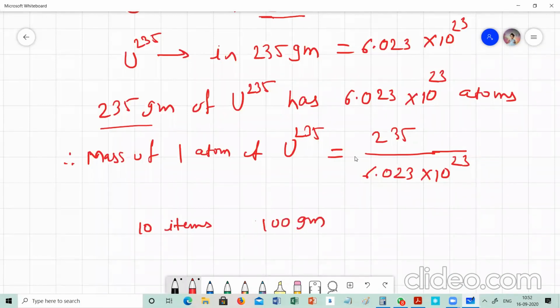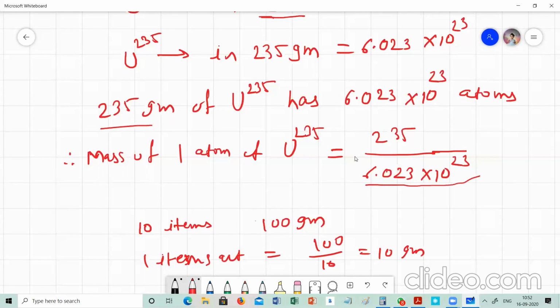So one item's weight is obviously equal to 100 divided by 10, so one item's weight is 10 gram. Similarly, if this number of atoms weighs 235 gram, then one atom's weight is obviously 235 divided by 6.023 into 10 raised to 23. Is it clear? Ankita Shinde?